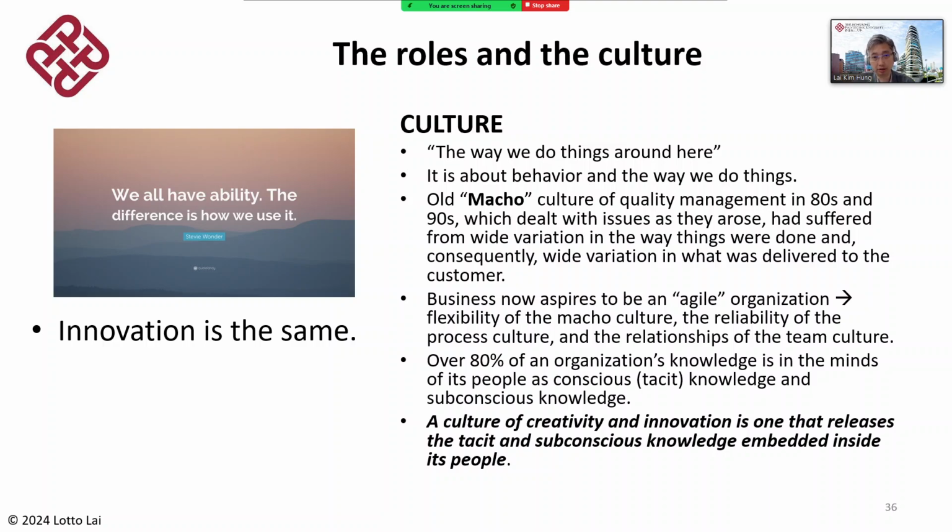The old culture is a macro culture, from the 18th or 19th century, and it talks about value variation or delivering a thing to a customer.